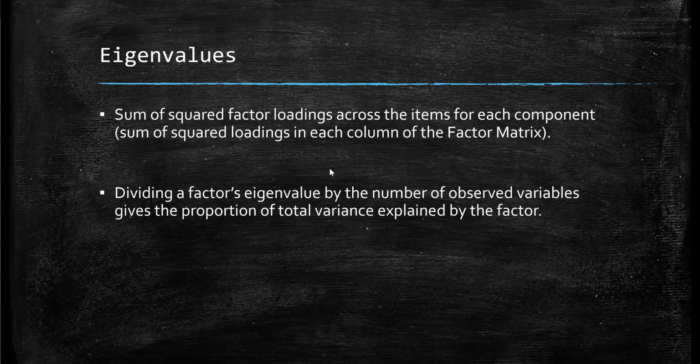Another important statistic in factor analysis are eigenvalues. So the mathematics behind eigenvalues is actually fairly complex and requires matrix algebra. But from the output, you can determine the eigenvalues if they're not given in the output by simply summing the squared factor loadings within a column for the factor.